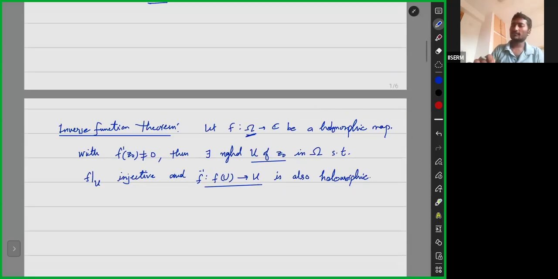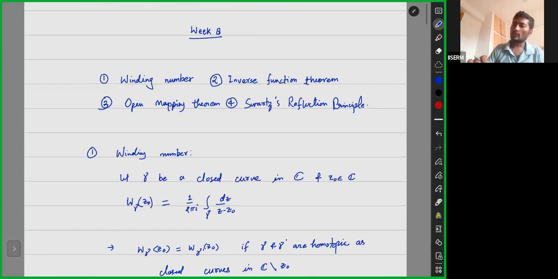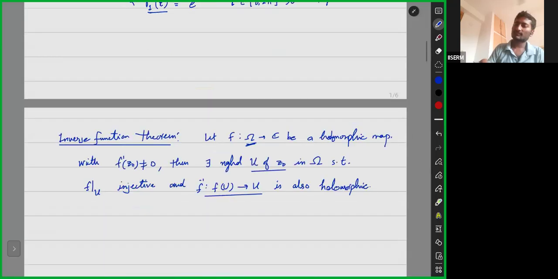So this is the inverse function theorem, and then the open mapping theorem.